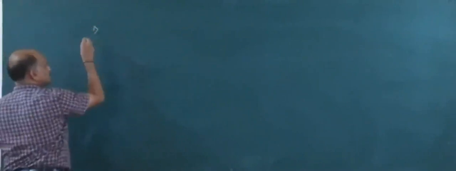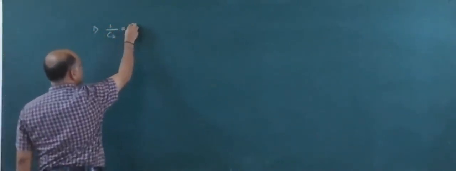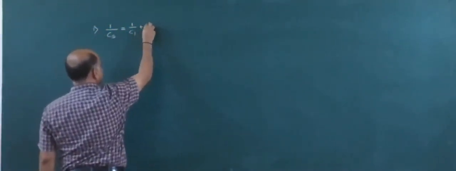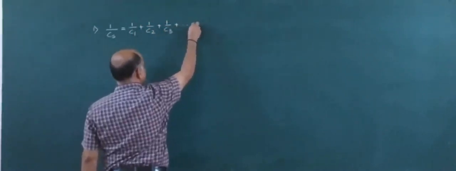So first, whatever we have seen now, if I take capacitors in series, the equivalent capacitance is given by 1 by Cs is equal to 1 by C1 plus 1 by C2 plus 1 by C3, and so on.